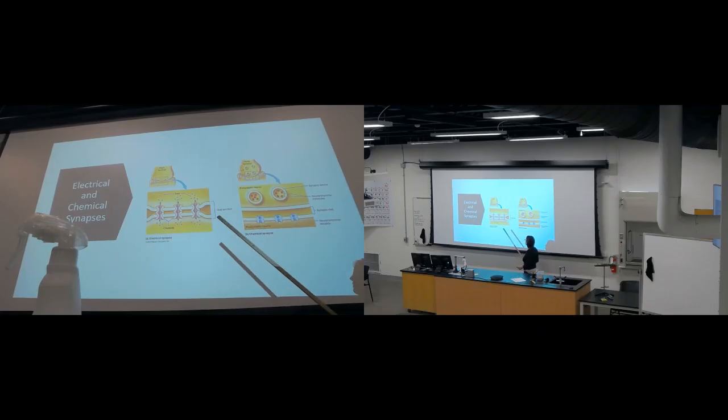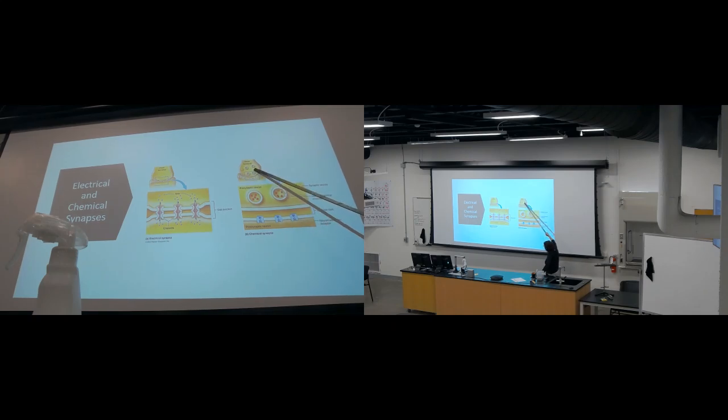So these are the gap junctions. And then in these chemical synapses, you have your axon terminal, you have a space, and then you have this other cell with a plasma membrane that has channels, and then it has receptors for these neurotransmitters that can be released.